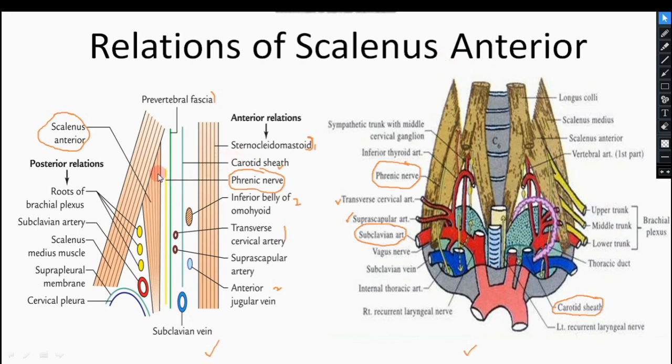Now we can see the same structures here that we have talked about in this image. Posterior to this, we can see the roots of this brachial plexus. Clear? And the subclavian artery, the second part of the subclavian artery, scalenus medius.